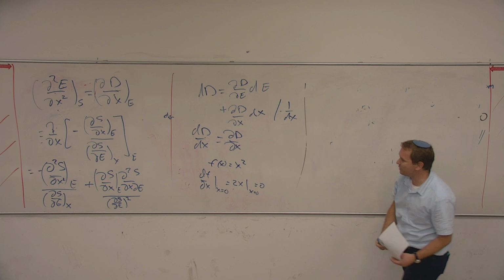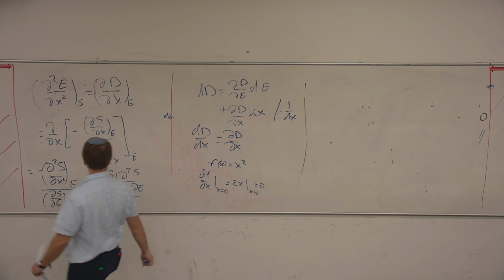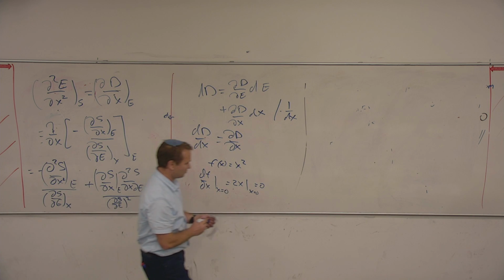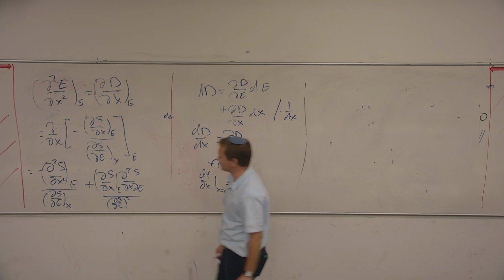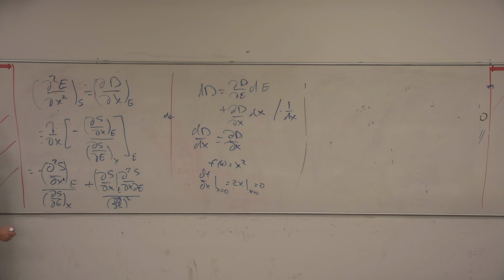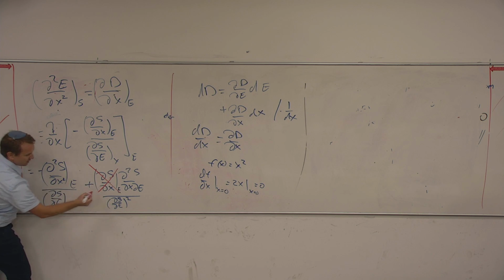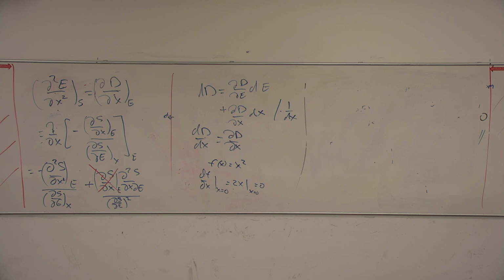Okay, so what we know is 0. What is 0? In all of this calculation, everything becomes 0, and this is why I changed my variables. What is 0 in this guy? ∂s/∂x for a constant E has to be 0, right? As in an extremum.